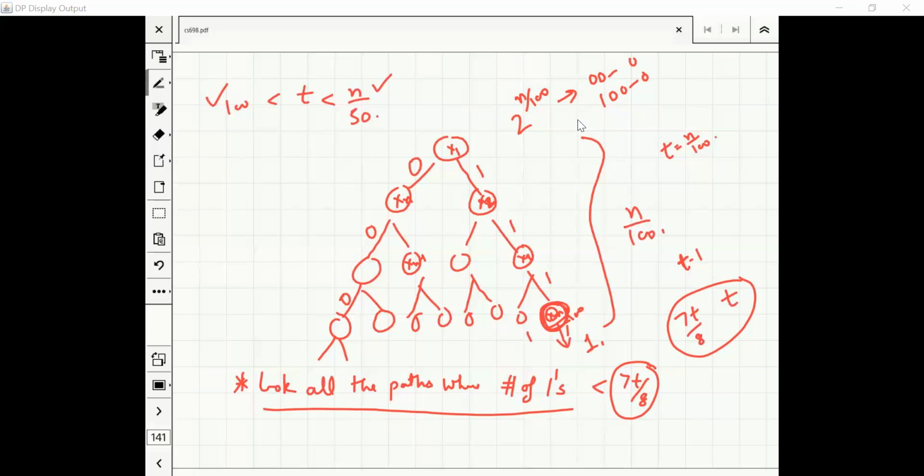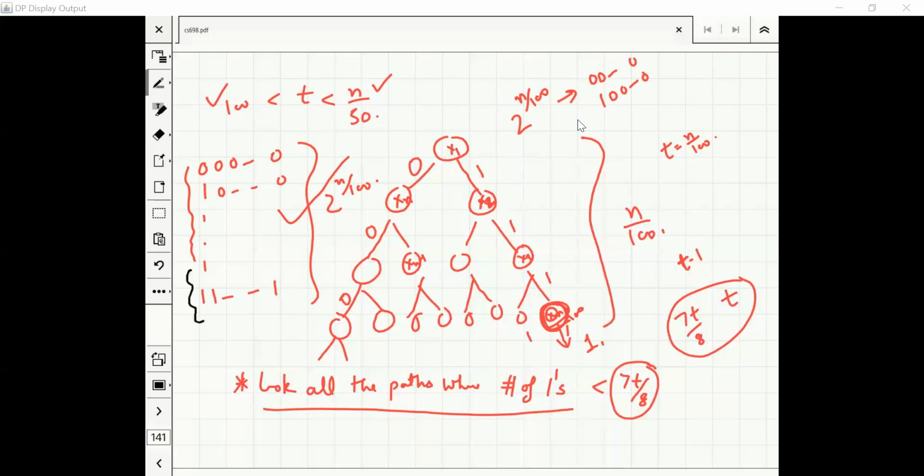So every leaf is represented by what inputs I have seen, 2 to the power n by 100. And on most of the leaves where the number of ones is small, like less than 7t by 8, I will be answering wrong on a constant fraction.